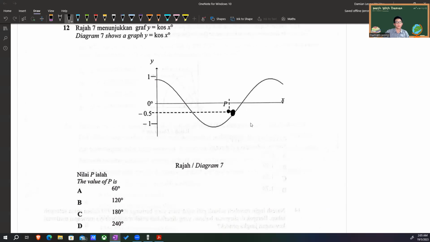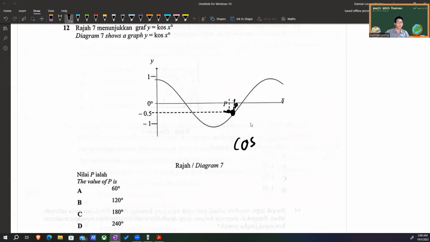It should be on the curve. Like that. Sorry, p here. It means when y is negative 0.5, what would p be?